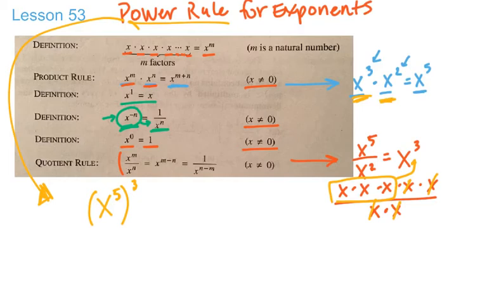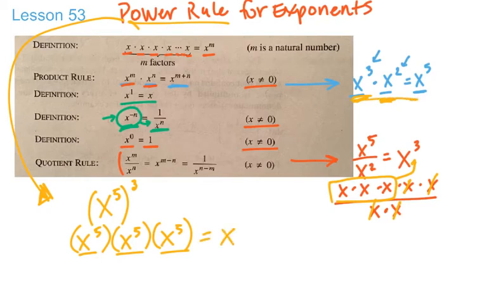But here, when it's raised to this power, that's the same thing as saying x to the fifth times x to the fifth times x to the fifth. So that's the cubed part. I wrote that 3 times because of that 3 right here. So that really equals, because of our product rule here, we can add those 3 exponents, so it becomes x to the 15th power.